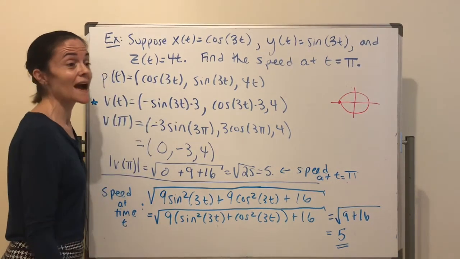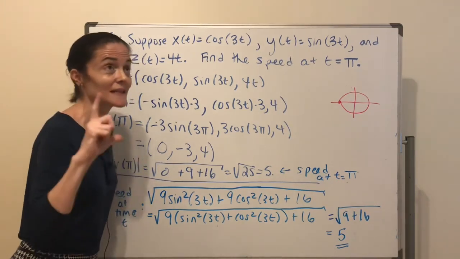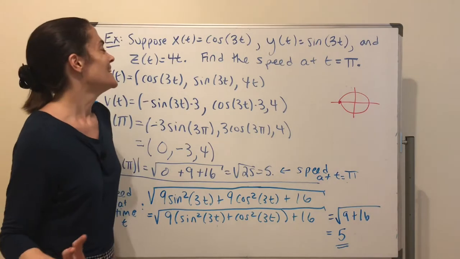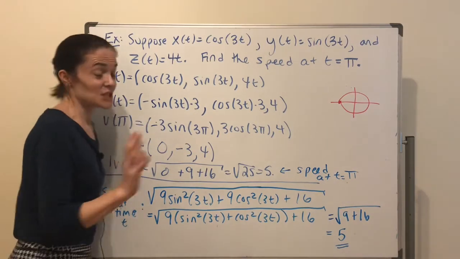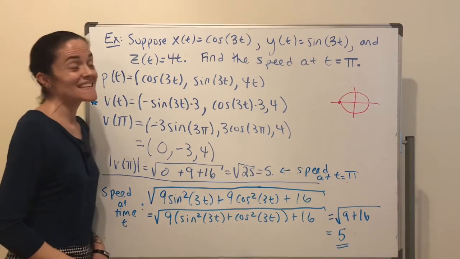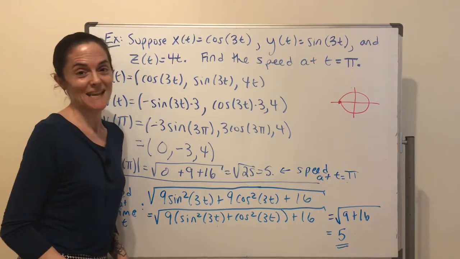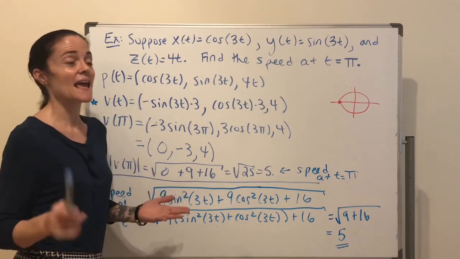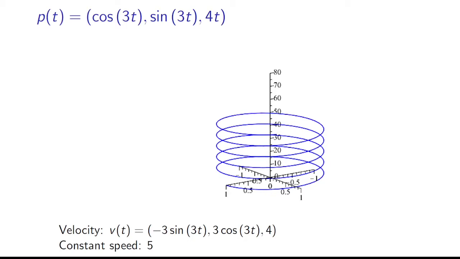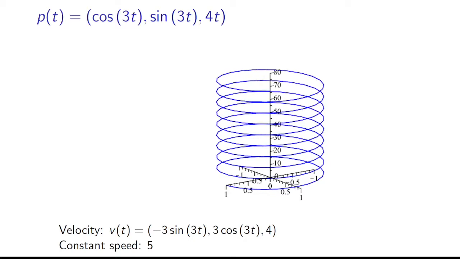So it's traveling at a constant speed. So the length or magnitude of velocity is constant. It's just changing direction as the particle moves. Now this is such a beautiful example. Let's look at a maple plot where we can see this curve being traced out in time.